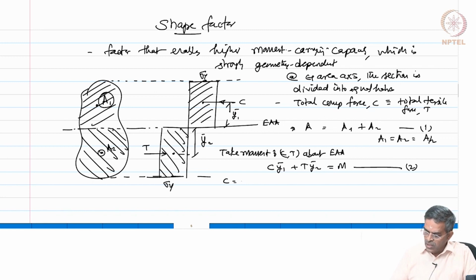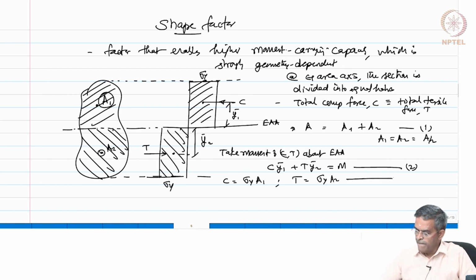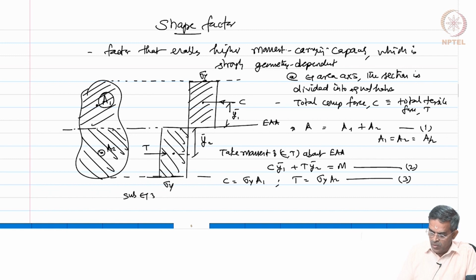We also know C is sigma y into A1 and T is sigma y into A2. Let us substitute them. Let us substitute equation 3 in equation 2. Okay.